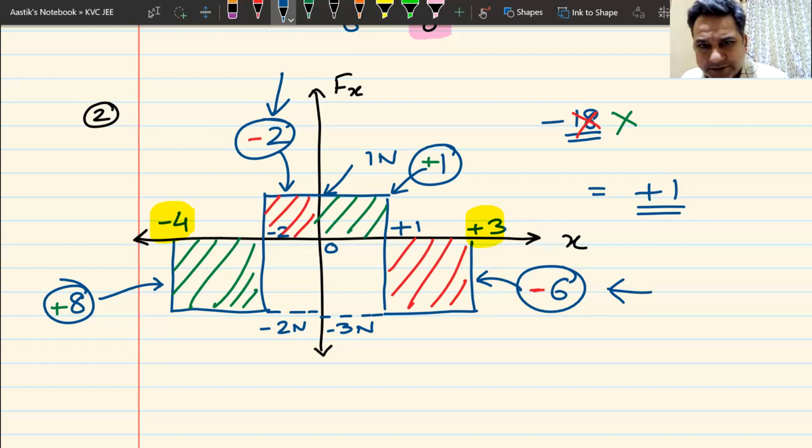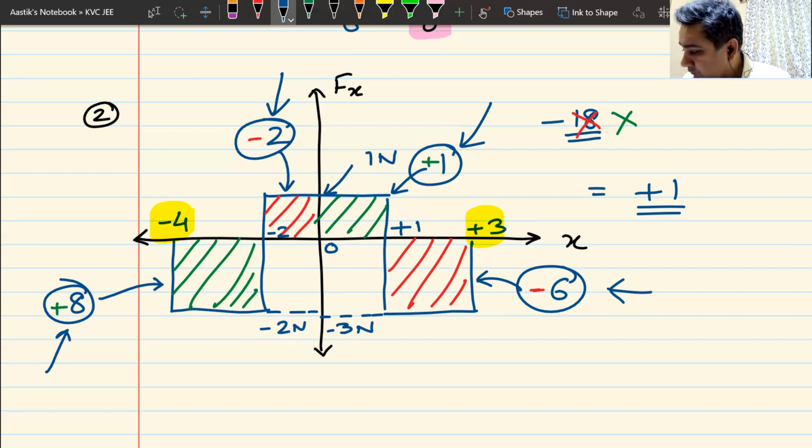What have you not understood, beta? Don't understand which one is positive, which one is negative? In this case, force and displacement both are positive, and hence the answer is positive. In this case, force and displacement both are negative, and hence the answer is positive. Do you understand this all? Please raise your hands.